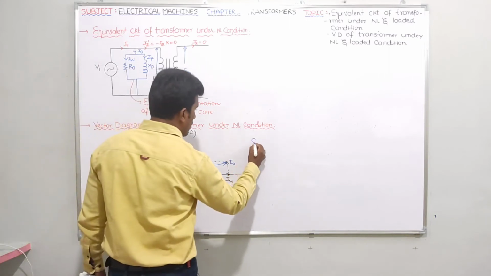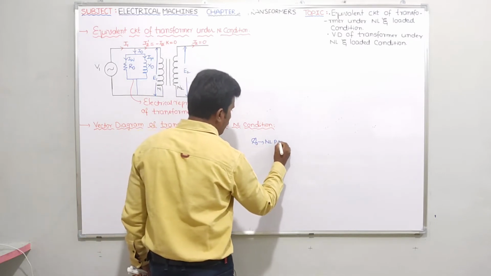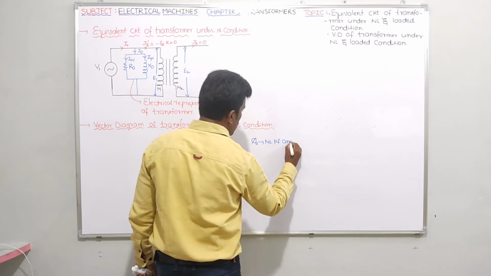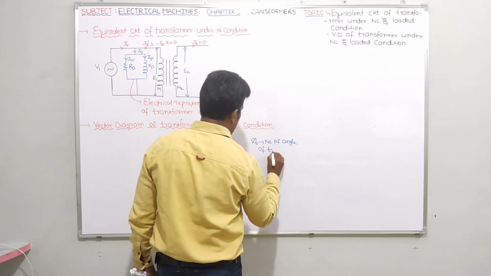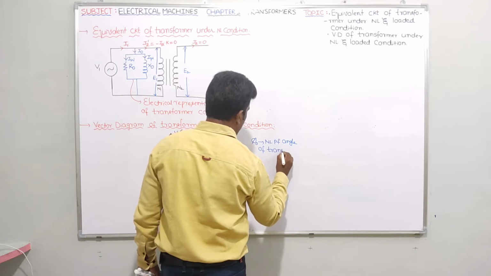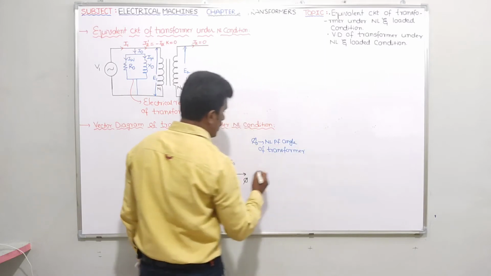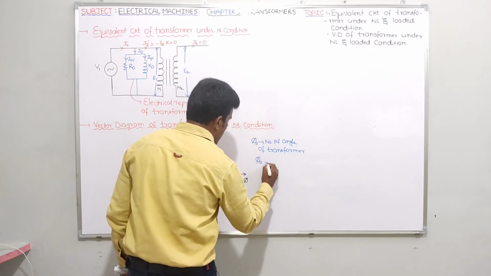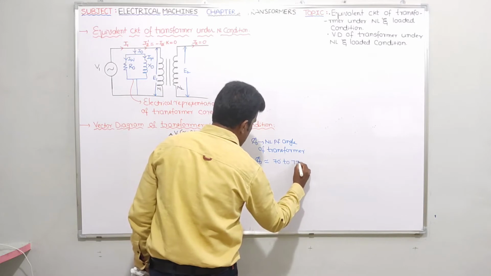Phi naught is nothing but the no load power factor angle of the transformer. It will be around 70 to 75 degrees.